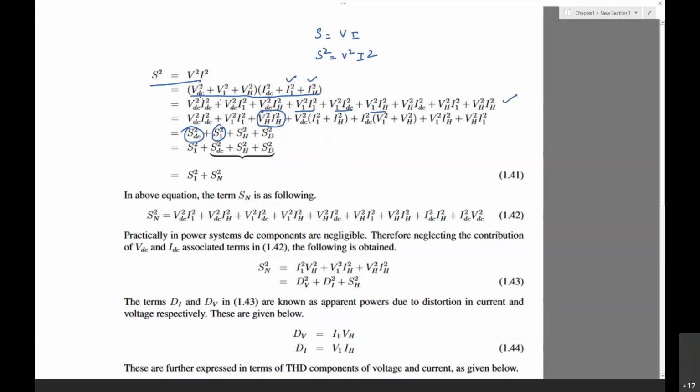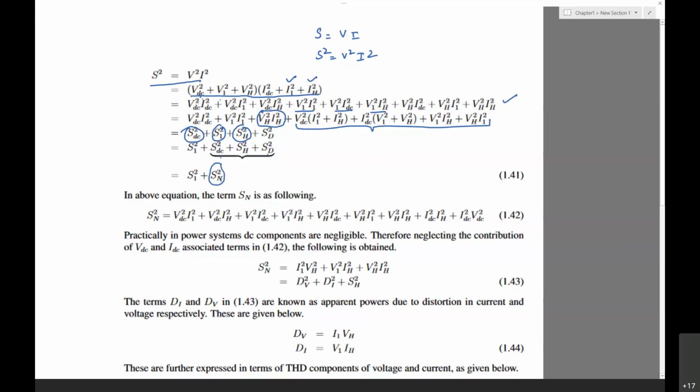And we figure out that VH square times IH square is the harmonic related apparent power. Then the rest of the power has been mentioned as S square D, and this power of S square DC, SH square and SD square are related to non-useful power, which is not required.